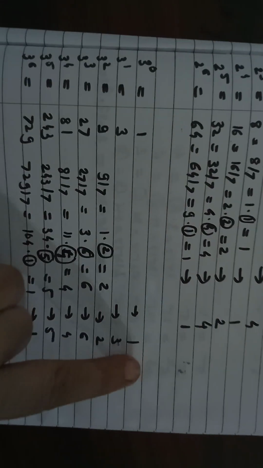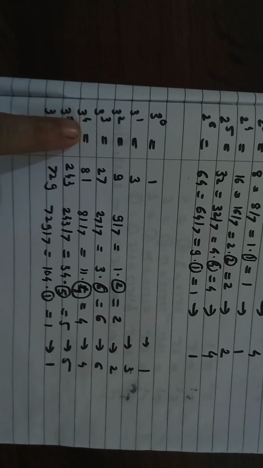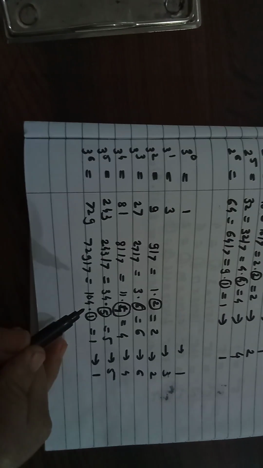So here we have seen that if we do this, you get 1 3 2 6 4 5 1. So all the non-zero elements of Galois field 7 can be represented by the powers of 3. So 3 is your primitive element for Galois field 7.